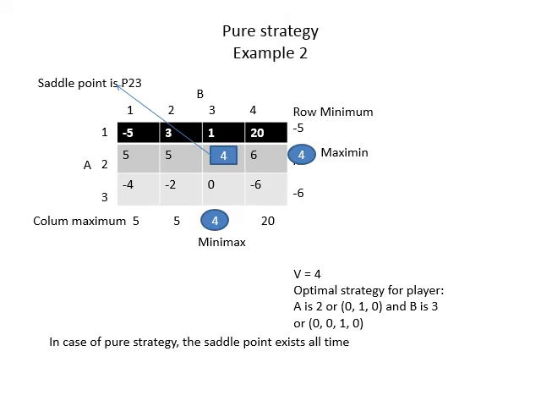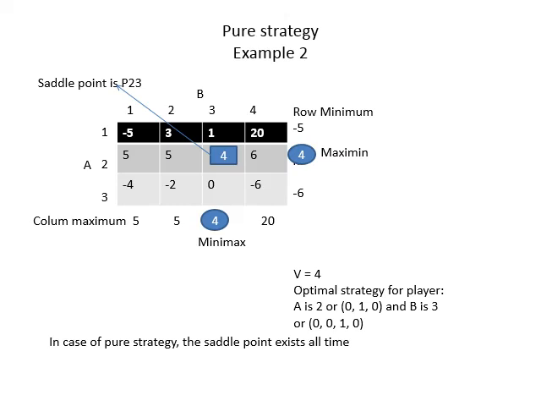Now let's indicate the saddle point. Inside this rectangle, we indicated 4 as the game value, because this is a common value between minimax and maximin.